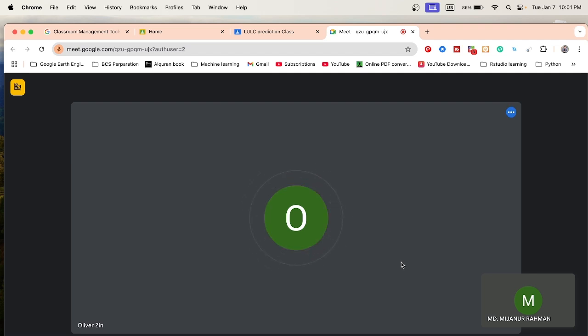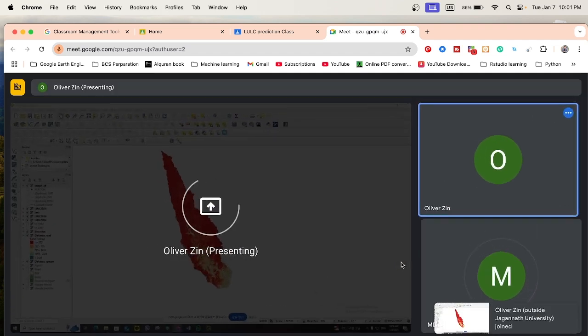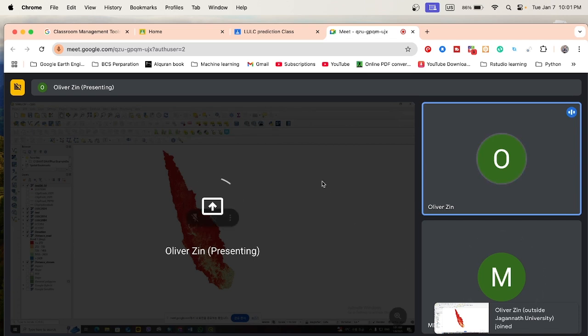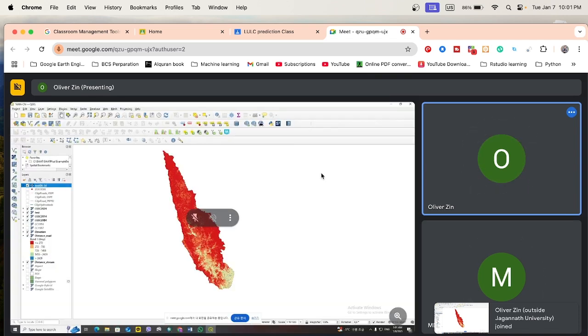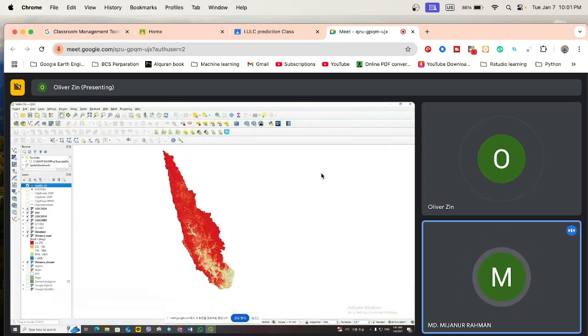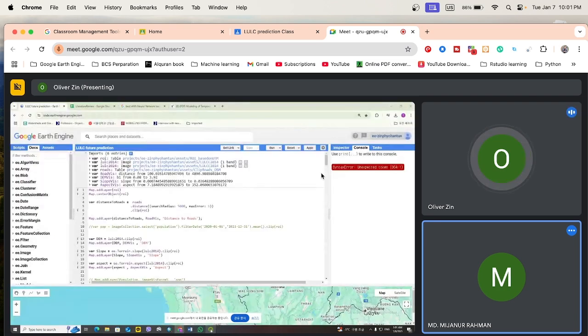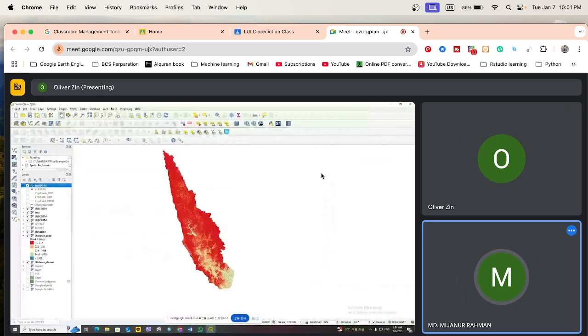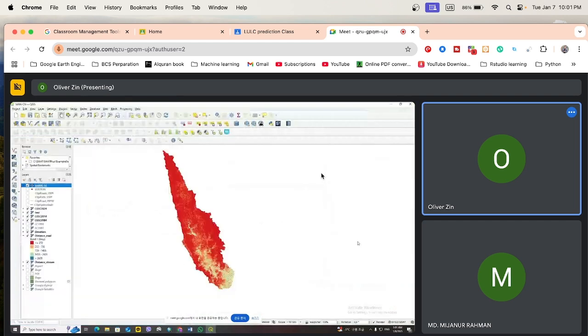Maybe this one. Just a moment, I can see QGIS and also the Google Earth Engine code editor. Just a moment, please. I opened it actually, here.